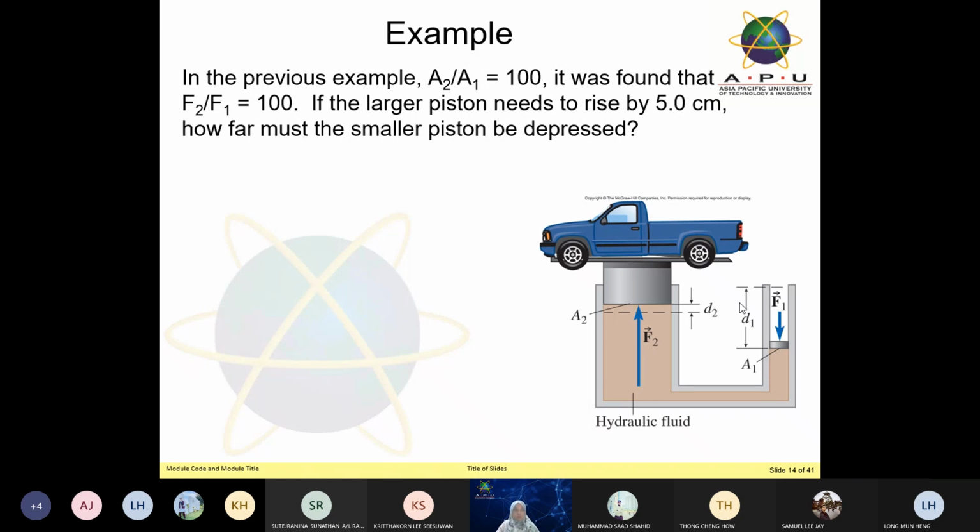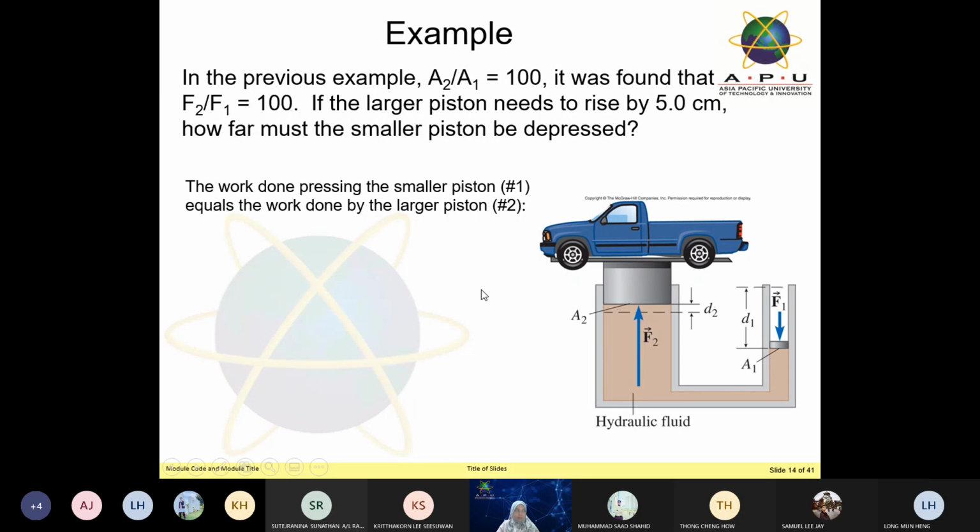So just now we have another formula, right, to use the D. Work done pressing the smaller piston equals the work done by the larger piston. F1 D1 equal to F2 D2. So now they ask you D1, how far must the smaller piston be depressed?